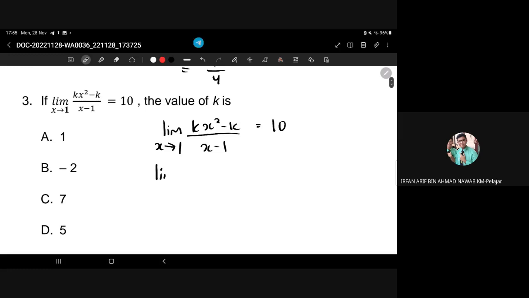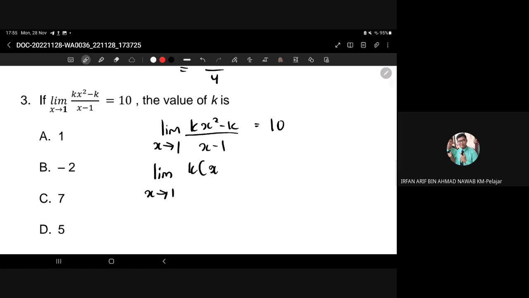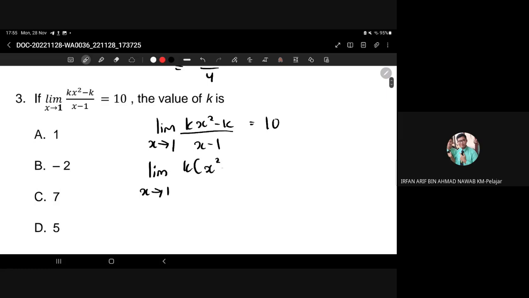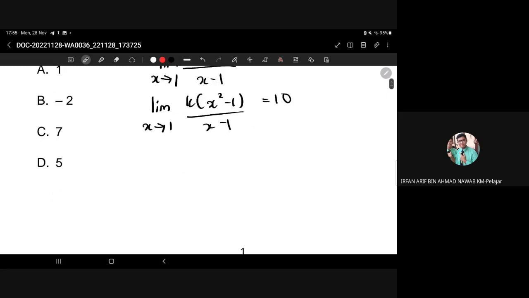So limit as x approaches 1, k, we factorize k because it is the common factor, and then we will get x squared minus 1 over x minus 1. This should be equal to 10. Now, can we factorize x squared minus 1? Obviously, we can, because 1 is also equal to 1 squared.